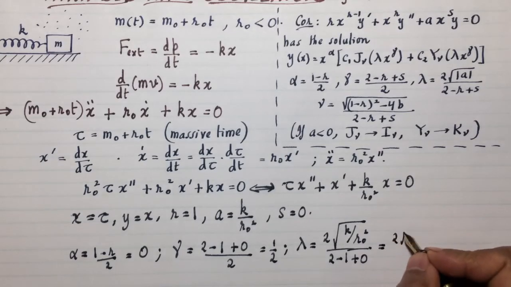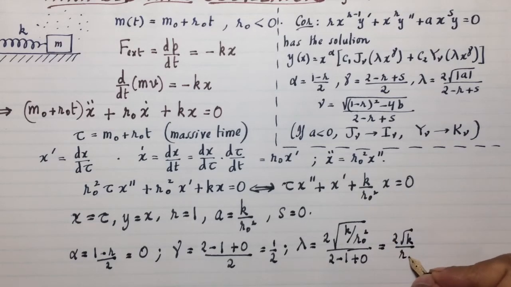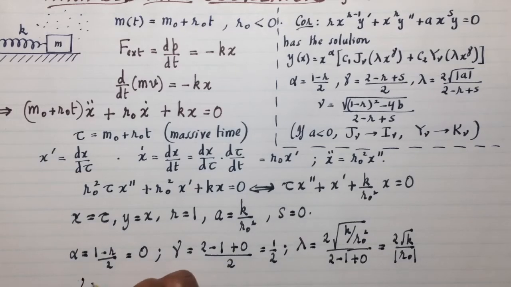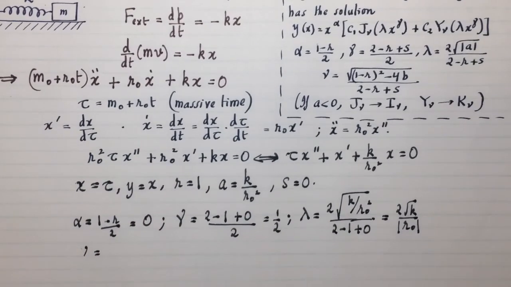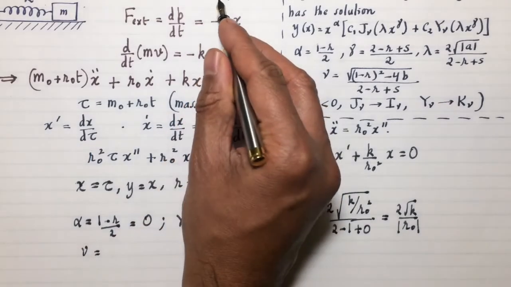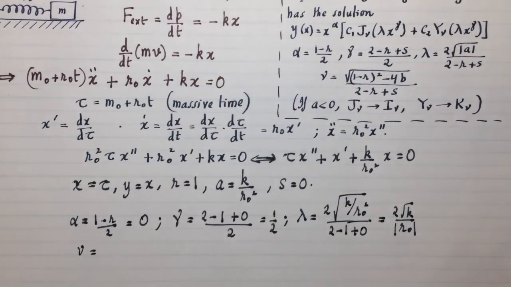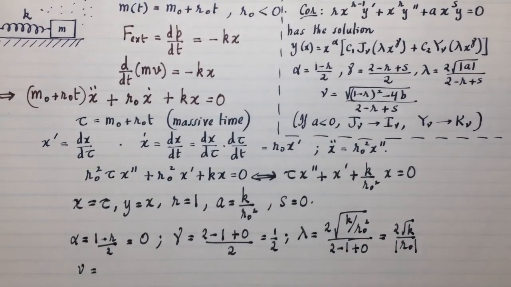So that gives me 2 root k over r naught. Now by the way, r naught is negative since the mass is reducing, and that's the reason why I put the absolute value sign.